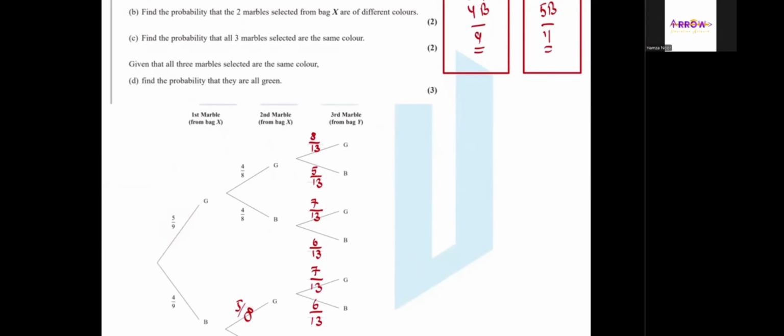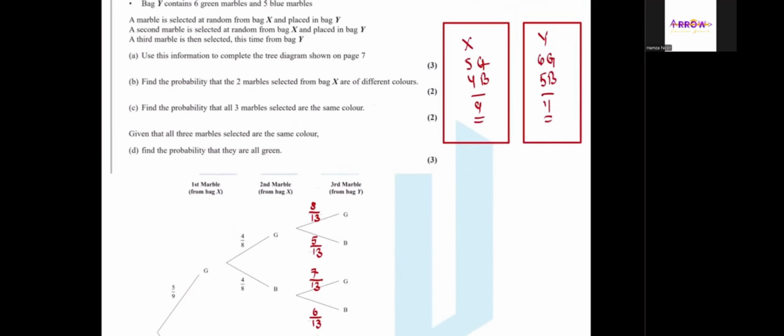After selecting a green marble from bag X, one marble is gone into bag Y, so the total marbles remaining in bag X are 8. Since one green is selected, 4 green are remaining, so here you have 4 over 8. In this way, we need to complete the tree diagram.